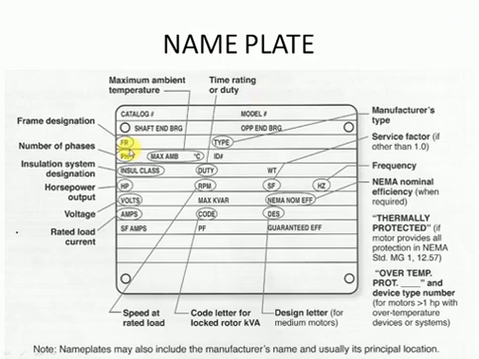See, the maximum ambient temperature, insulation system designation, rated load current. All this clearly explains how efficiently this particular machine has been designed, or how good this machine's design is.